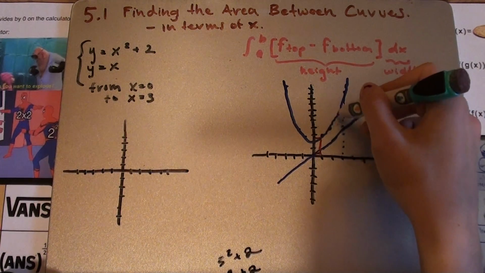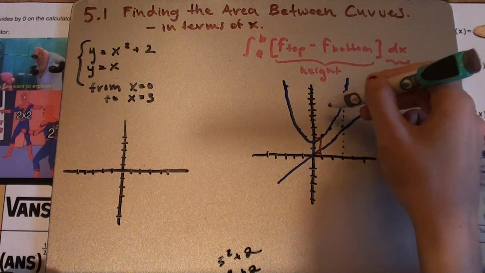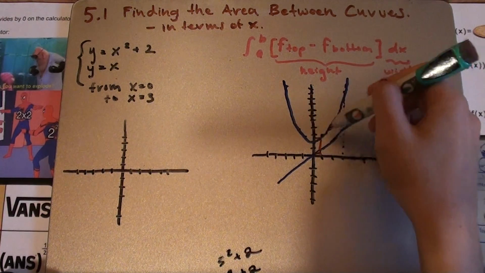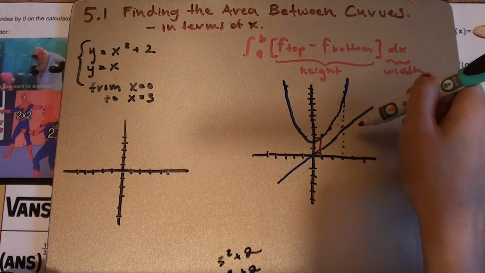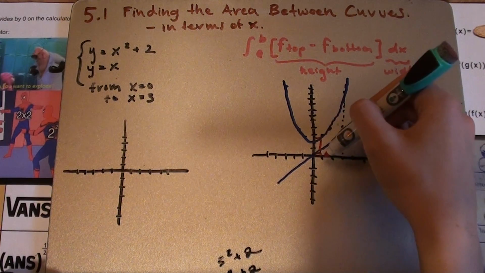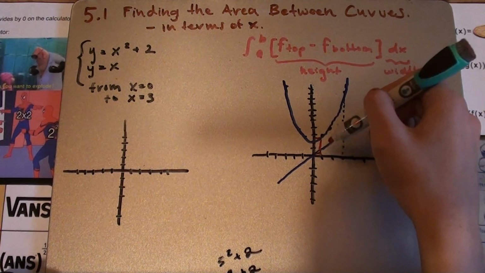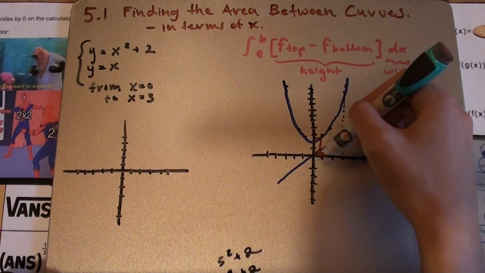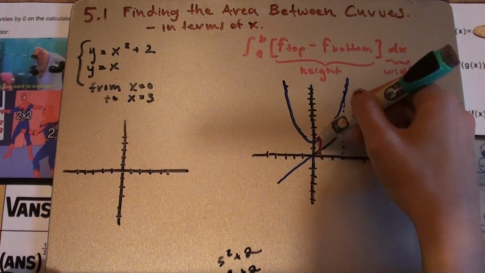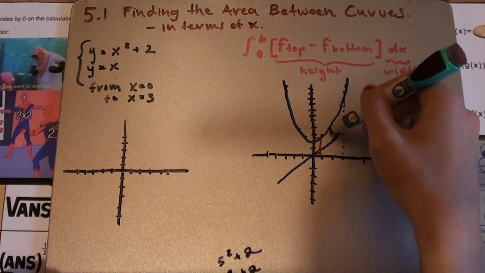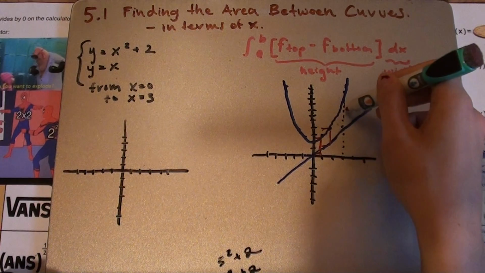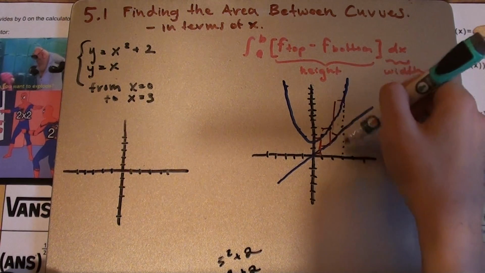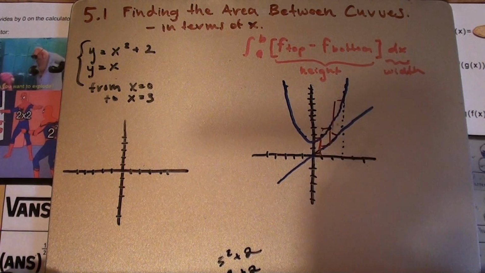So we get a height, and then we can multiply it by the width of our rectangle. For instance, here I have it drawn to 1, and we can do that for all the rectangles up through when x equals 3. So we'll have 3 rectangles, we add them all together, and that's an approximated area.